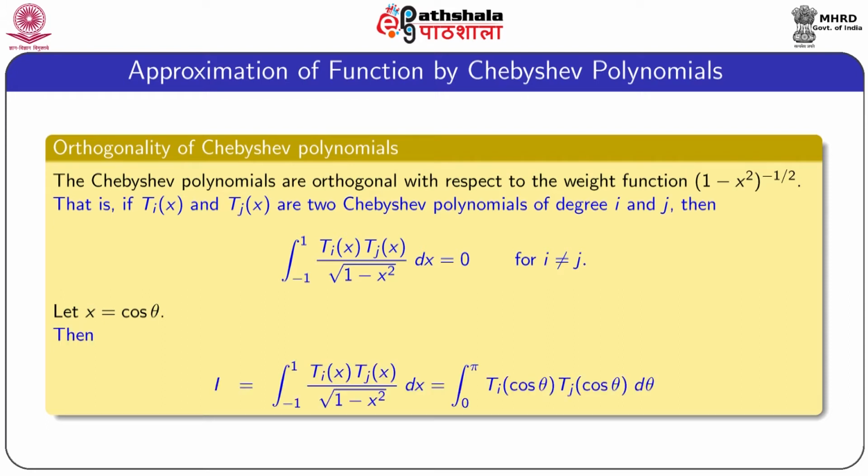Then the integral is denoted by I, where I equals the integration from minus 1 to 1 of Ti(x) into Tj(x), divided by root over 1 minus x square, dx. After substitution x equal to cos theta, this integral becomes integration 0 to pi of Ti(cos theta) into Tj(cos theta) d theta.